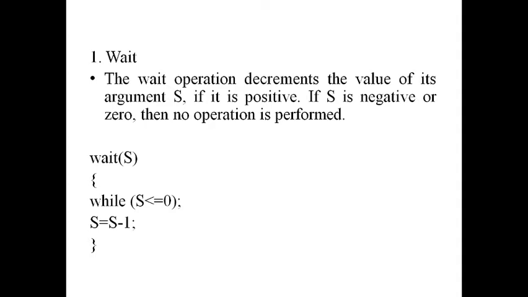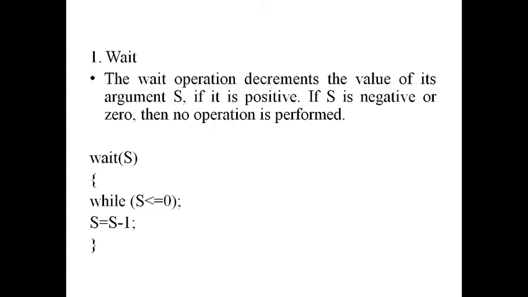The first one is wait. The wait operation decrements the value of its argument S if it is positive. So always remember, the wait operation always decrements the value if the number is positive, meaning it can be 1, 2, 3 or anything. What if that number is negative or 0? Then the wait operation is not performed.